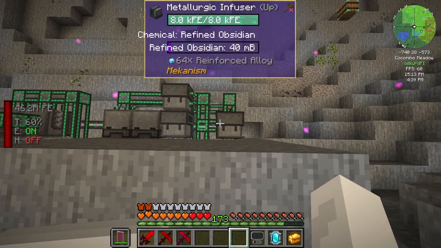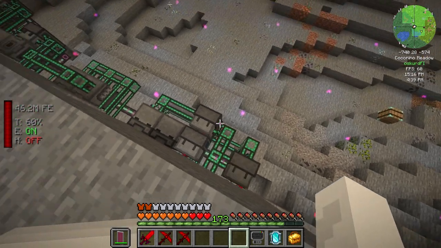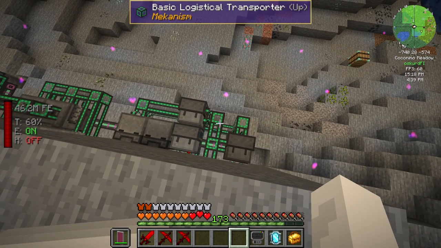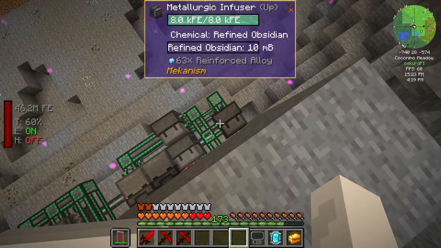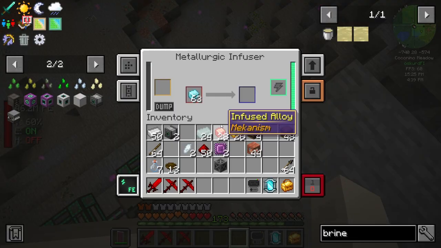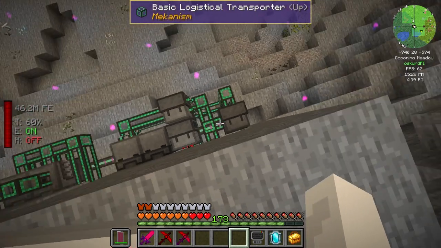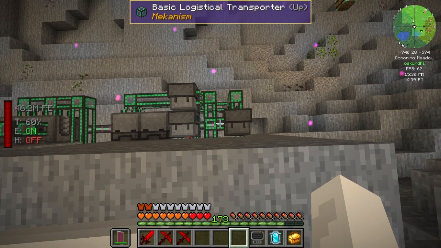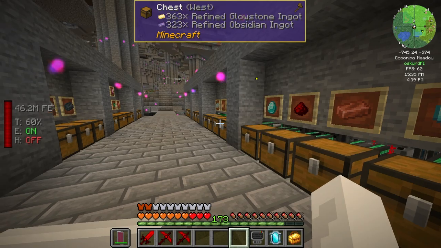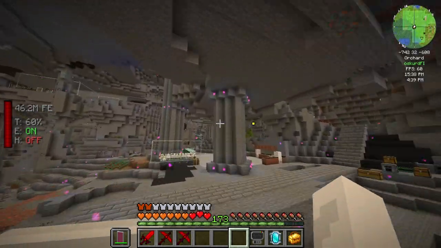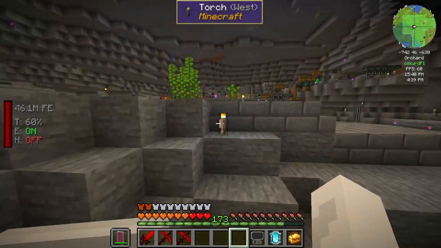Since this is producing those atomic alloys faster, and this is getting refined obsidian, both machines can keep running, and we still get both of these alloys. That is a great situation.